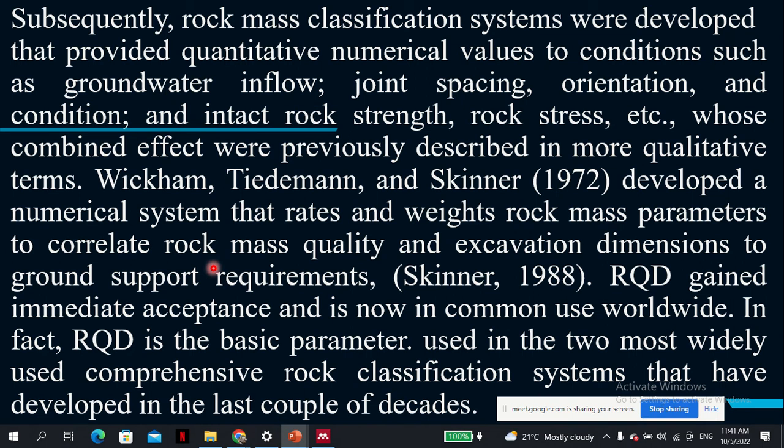We're going to study them in detail, but in fact they are based on the RQD, the rock quality designation. However, the RQD has some limitations. For these reasons, the RMR and the Q system have some improvements to cover things that RQD could not.